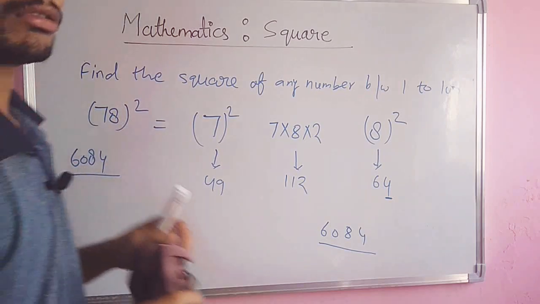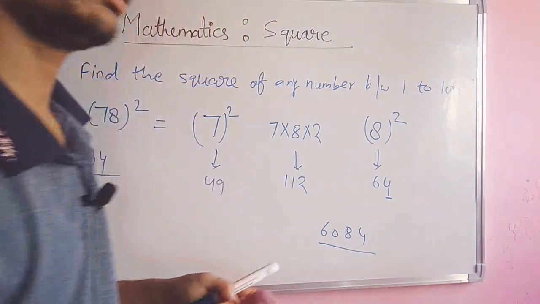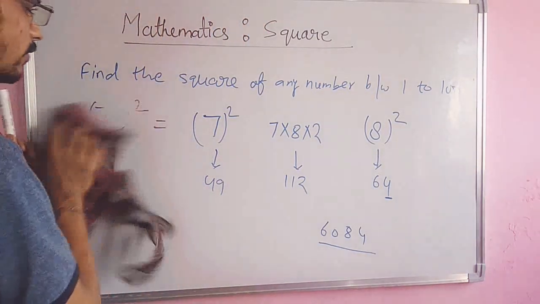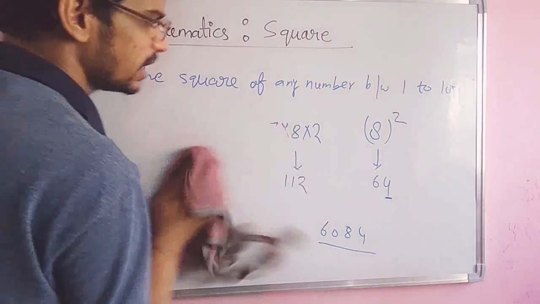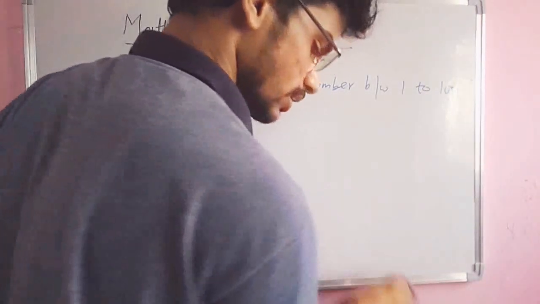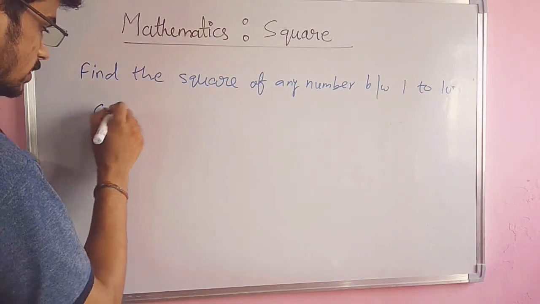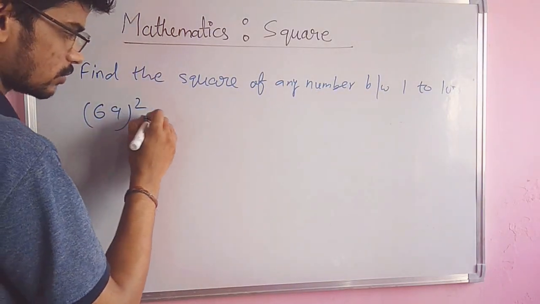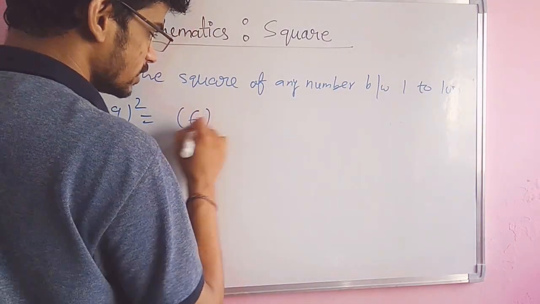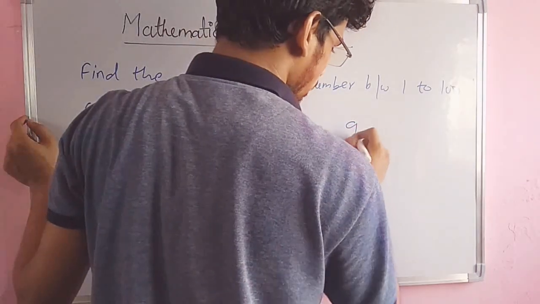Like this we calculate the square of any value, that is, if we want to calculate the square of 69, separate the digits 6 and 9.